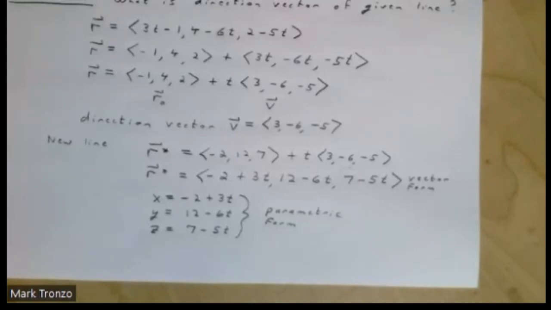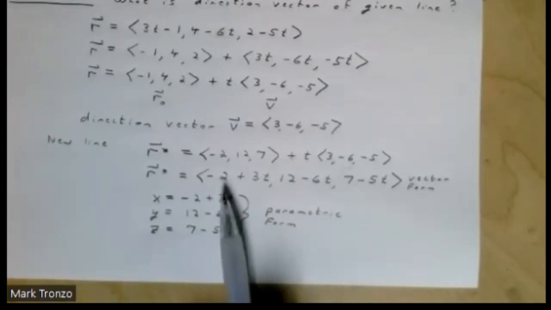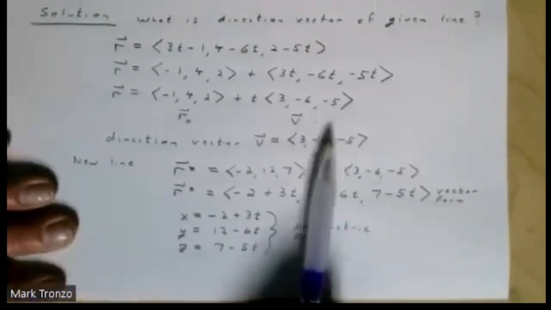So these are the equations in the vector form of a line that passes through this point, and it's parallel to this line. Remember, for it to be parallel, we needed to get a direction vector that was the same. We get that.